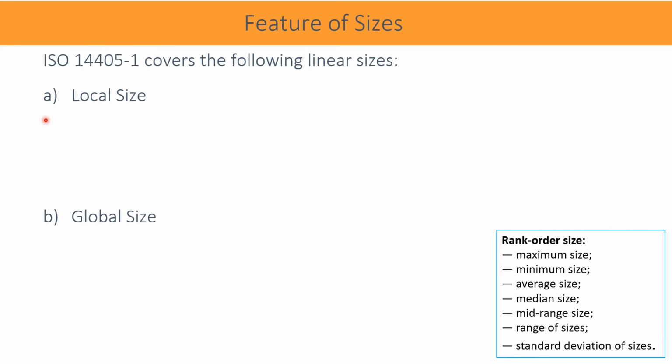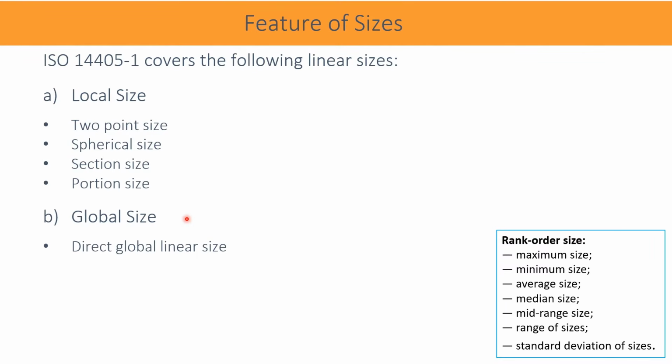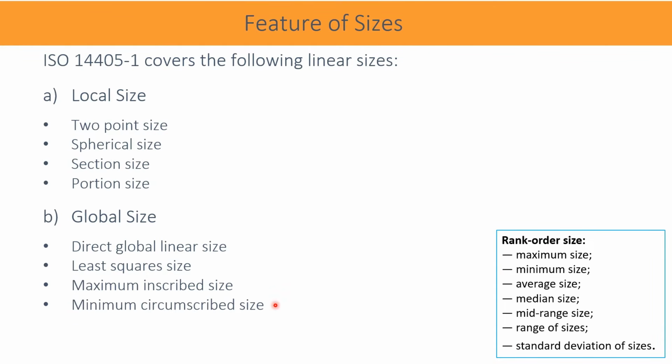The local sizes are 2-point size, spherical size, section size and portion size, whereas the global sizes discussed are direct global linear size, least square size, maximum inscribed size, minimum circumscribed size, minimax size and indirect global linear sizes.